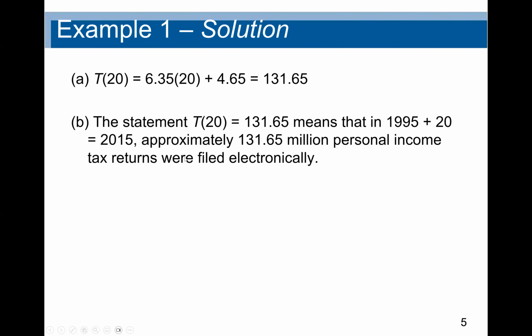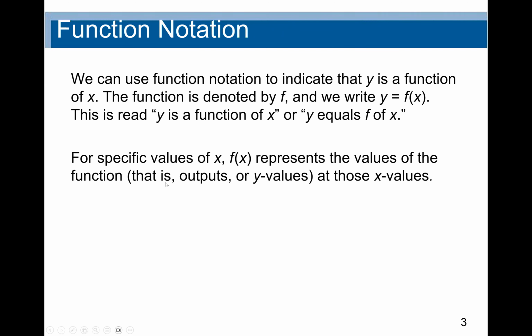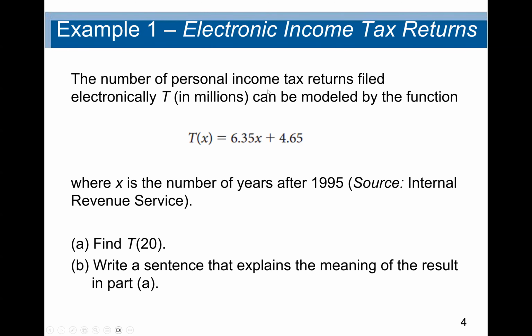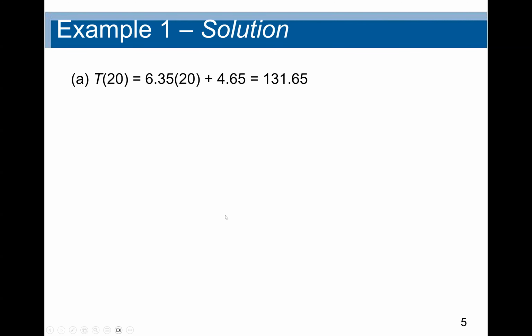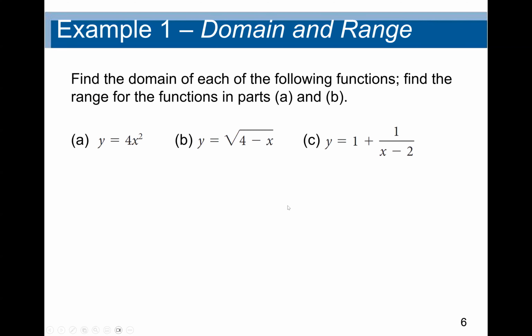T is the number of personal income tax returns filed electronically in millions. This source came from the Internal Revenue Service. We started from 1995, so 1995 means x equal to 0, and 20 means 2015. So that will be the result.